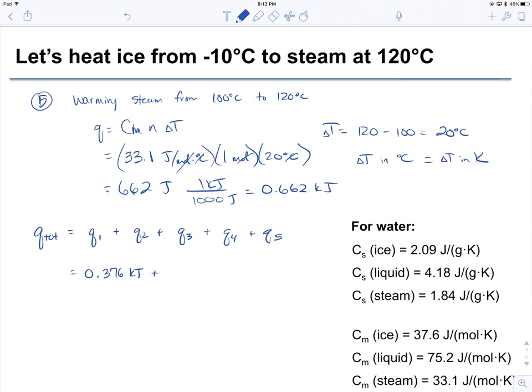We started with 0.376 to warm that ice. Then we have 6.02 kilojoules to melt that ice.